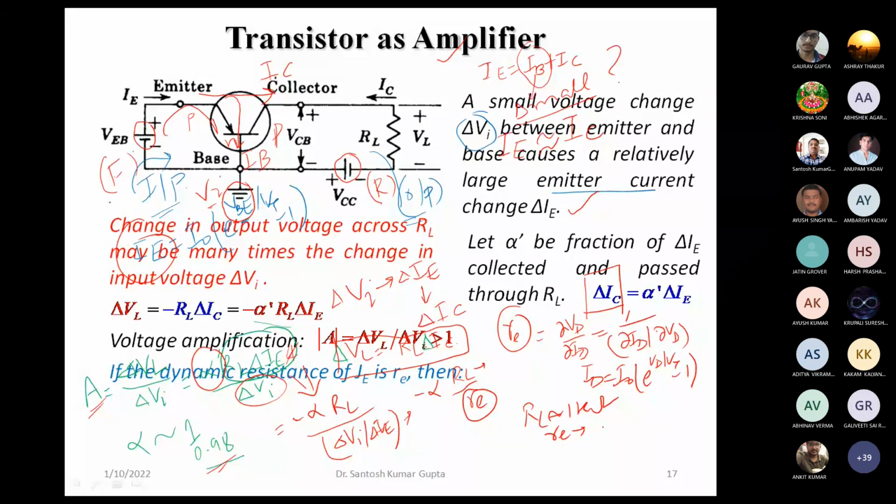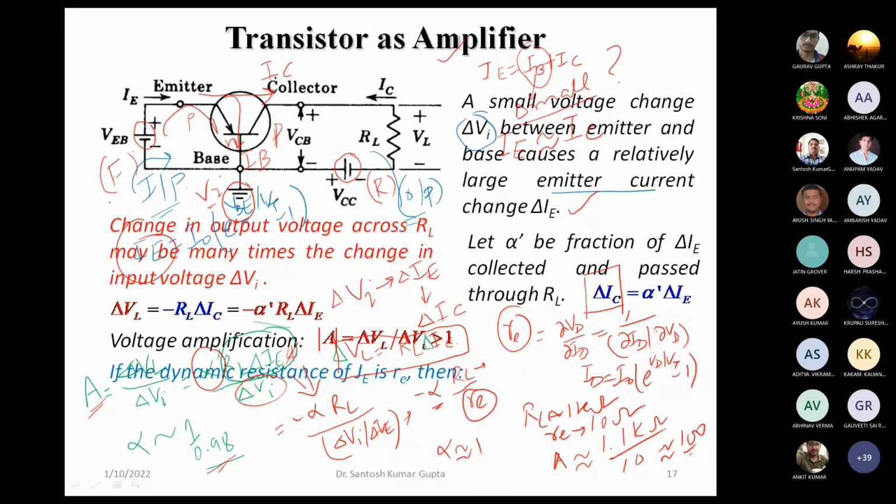Let us say 10 ohms, and alpha is very close to 1. So the gain A will be 1 times say 1k divided by 10. So here you can see around 100, it is typical to get a gain around this.